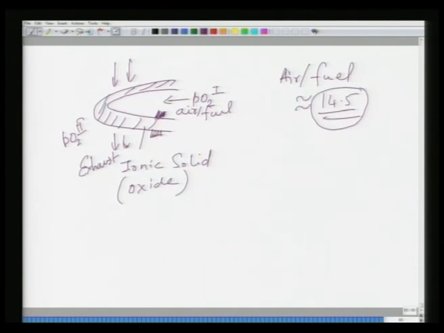So, you put contacts on these two sides, connect to an electrical circuit, maintain the potential, measure this potential, and use this potential through a feedback loop circuit to regulate the air to fuel supply, because you would know what the ideal reference point is when you have absolutely efficient burning. Compare that with the reference point and correct the air to fuel ratio accordingly. So, this can be used in a fuel injection system. The principle is based on electrochemical potential, and this can be used to regulate the fuel supply.